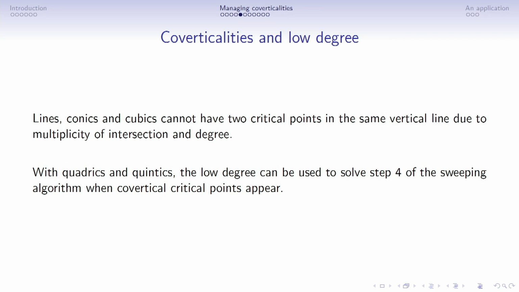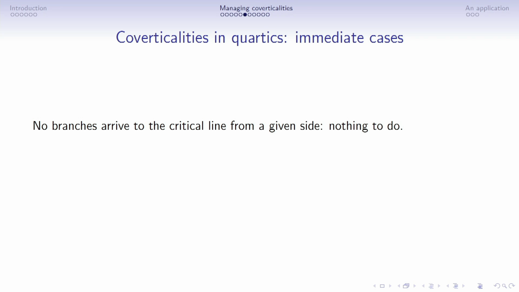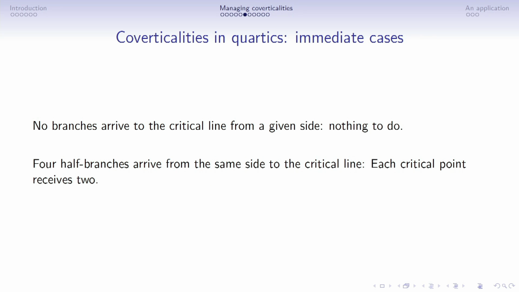If we have covertical points in low degree, we know that these points are of small multiplicity. I mean, if I have two covertical critical points in a quartic, these roots are of degree 2, because I have a quartic polynomial. So if I have 4 branches, each point must receive 2.